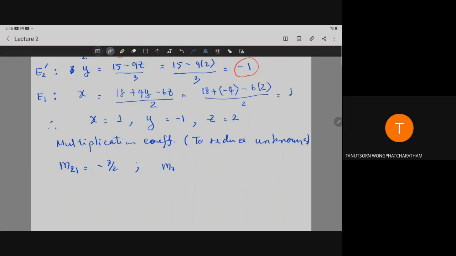We have and then m31, which is 1, and then m32, which is -1/3. Okay. So this is Gaussian elimination.